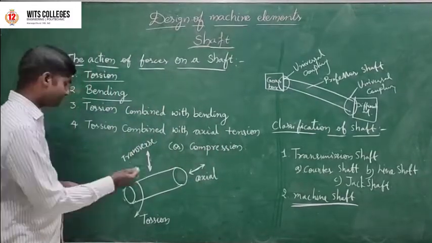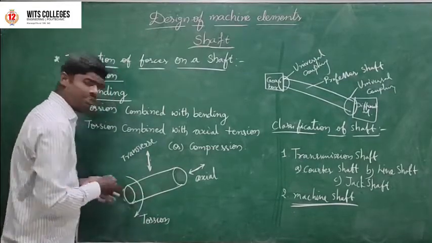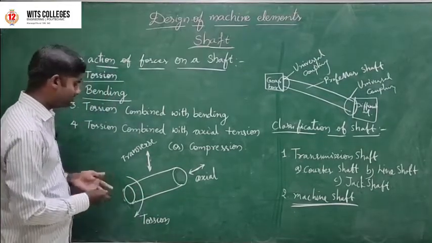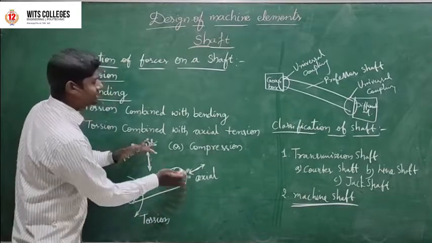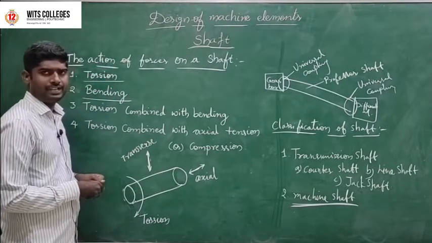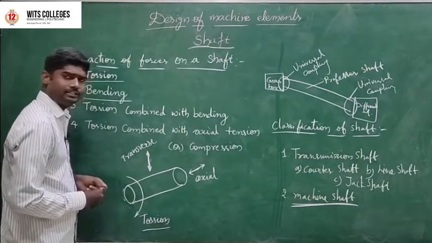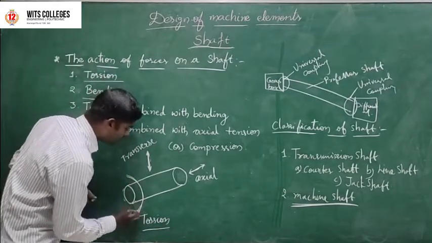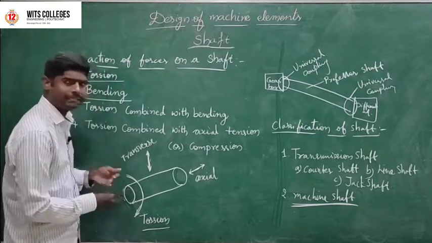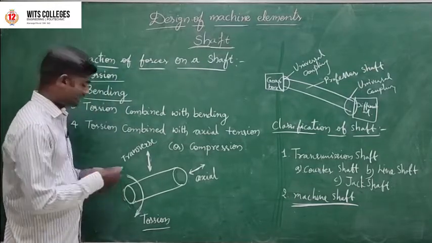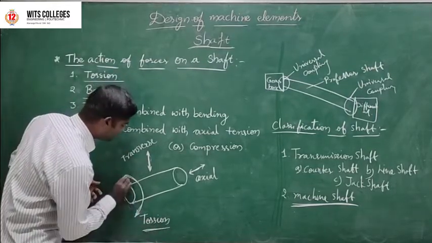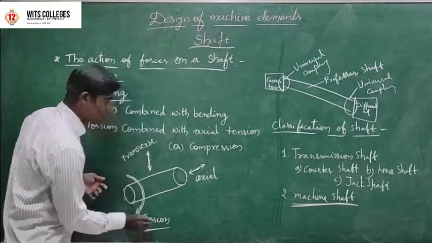Let's see. Suppose this is one of the shafts. In this shaft, there are three action forces. First, torsion: the shaft is a rotating member, and this rotation means torsion.